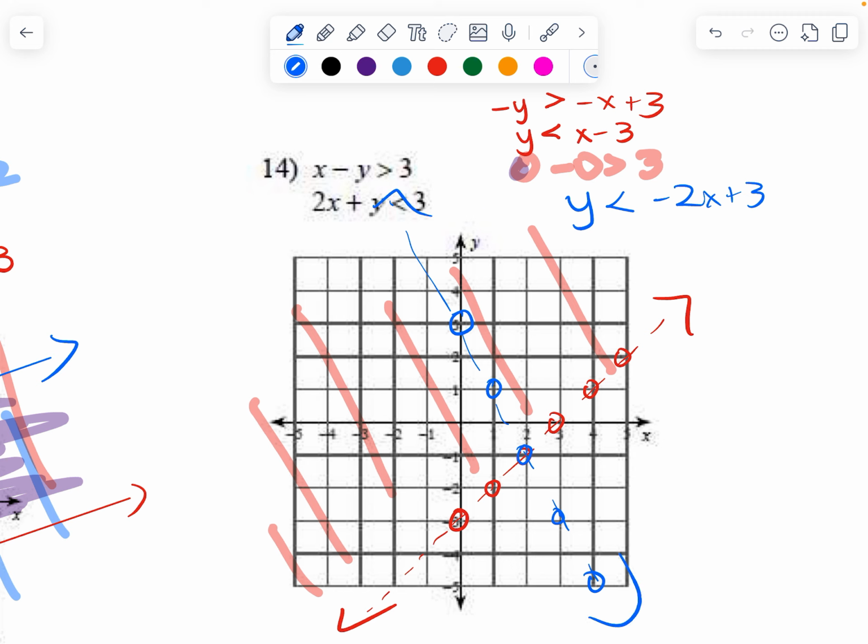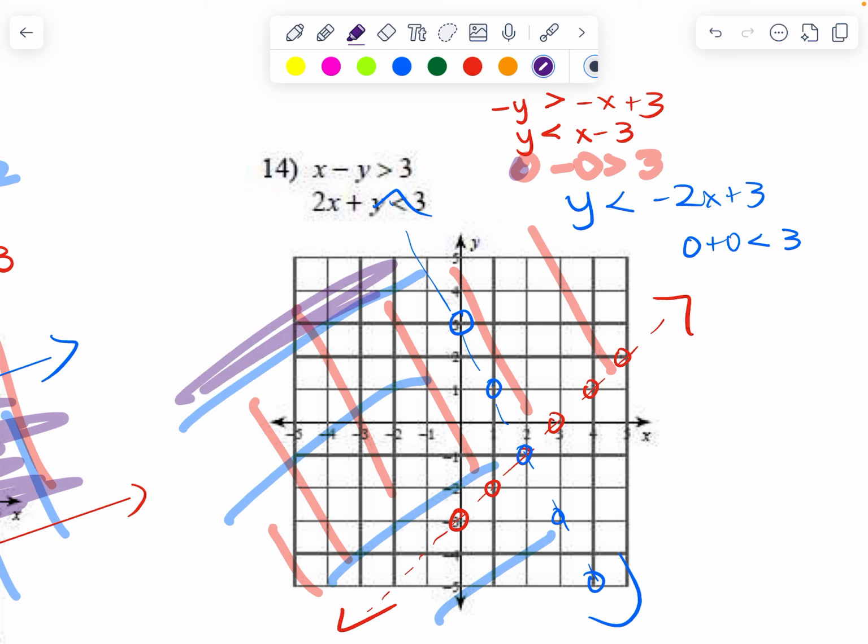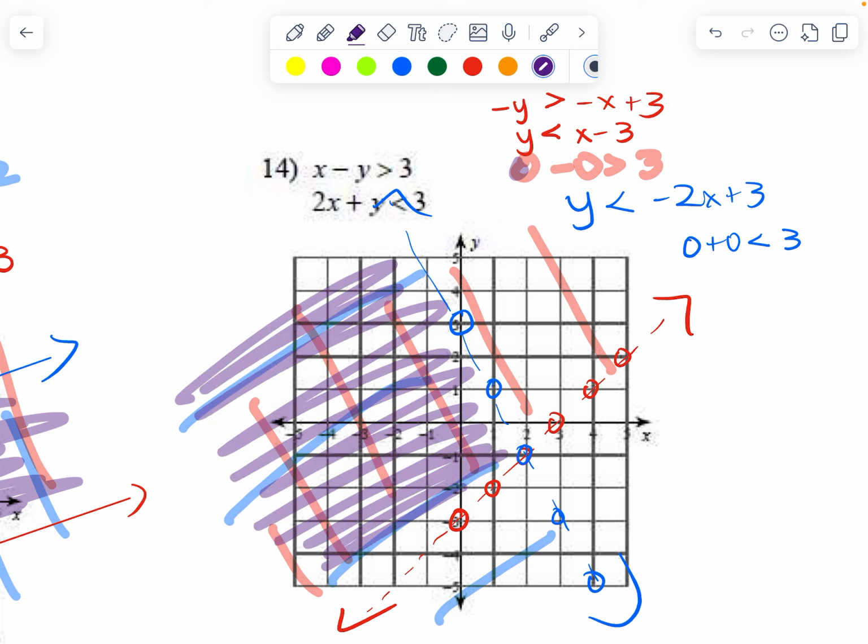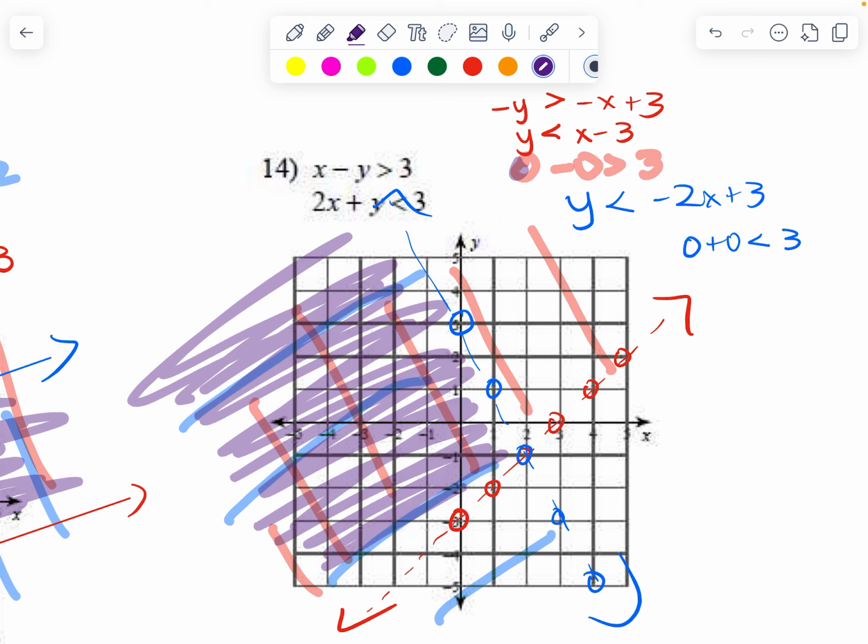If I plug in 0, 0, I would get 0 plus 0 is less than 3. Is 0 less than 3? It is. So it's going to be this portion over here. And the part that is the solution is this right here.